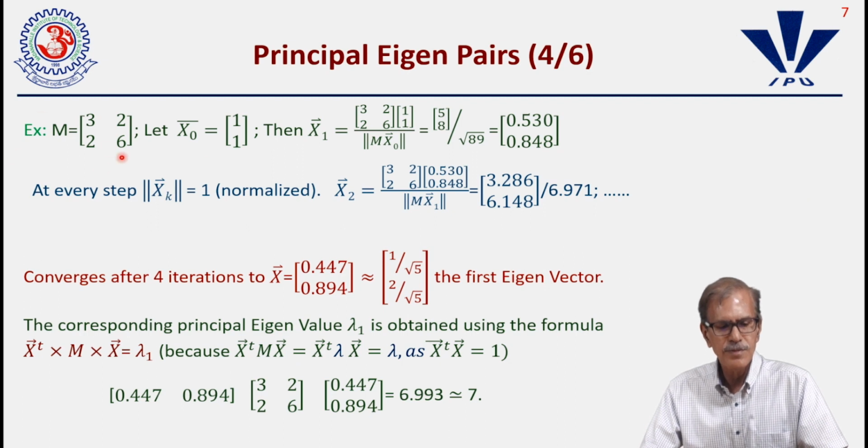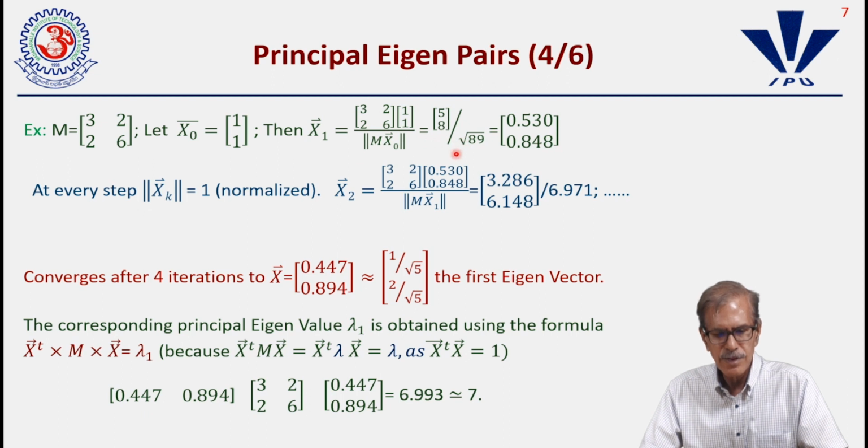So we start with the same matrix, and let us consider that the first eigenvector is (1, 1). By first, I mean it corresponds to the highest eigenvalue. So using the previous equation, after the first iteration, x1 will be the matrix multiplied by the initial value of the eigenvector, divided by its norm.